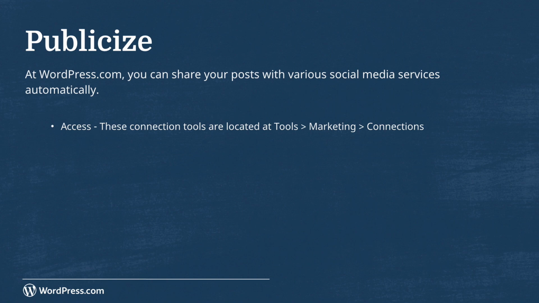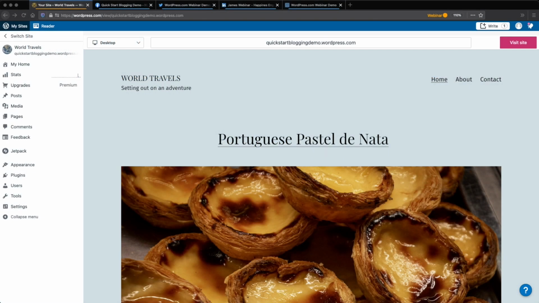At WordPress.com, we have the option for you to automatically share posts on social media when you publish the post on your site. We currently support automatic publishing on Facebook pages, Twitter, LinkedIn, and Tumblr. To set up automatic publishing, we'll first need to connect those social media sites with WordPress.com.